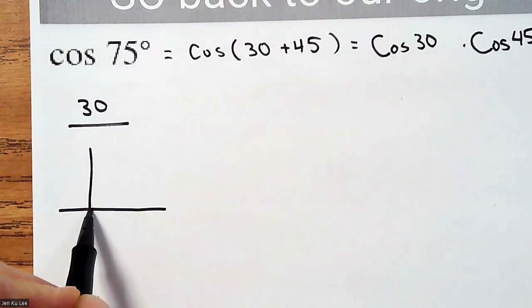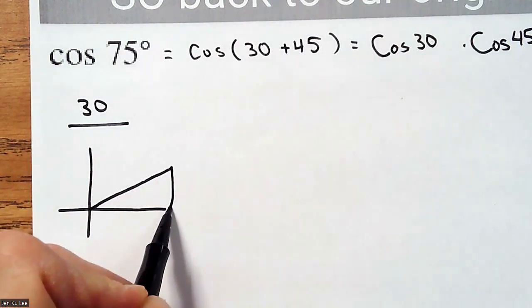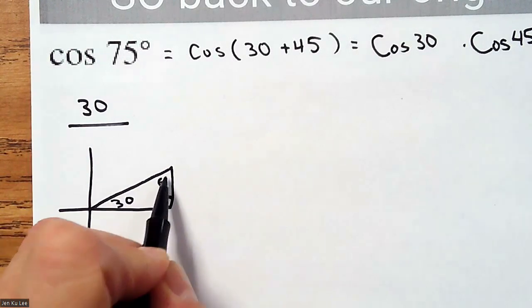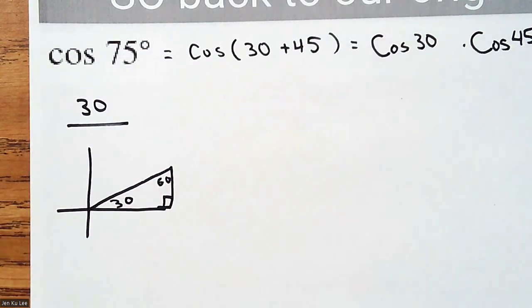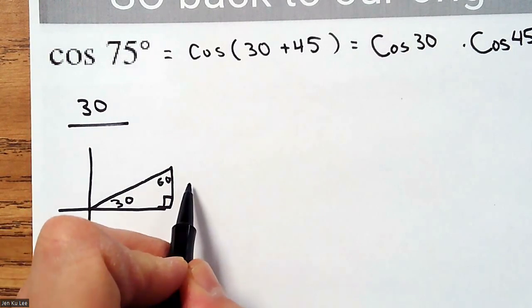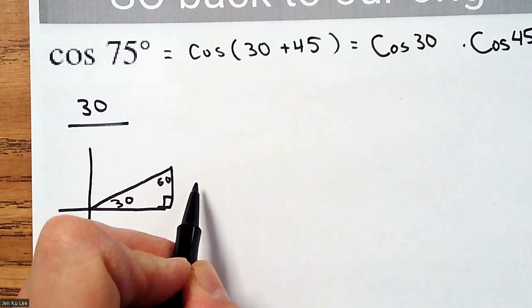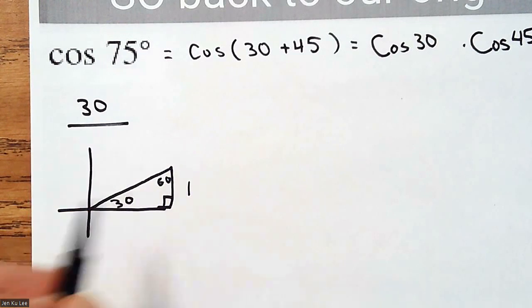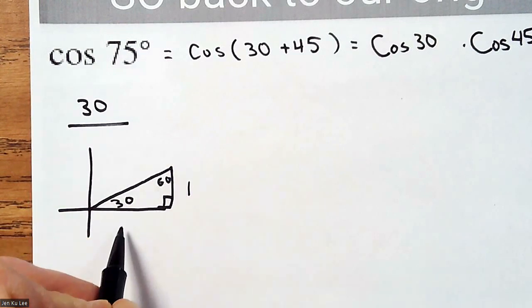I know it's in the first quadrant, right? If that's 30, that's 60, right? That's 90. Opposite the 30-degree angle is, what's the value here? 1. Opposite the 60-degree angle is?